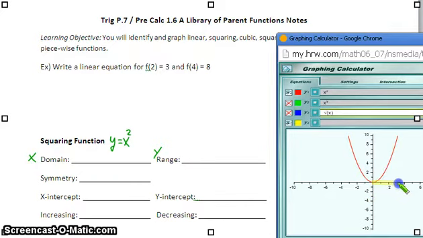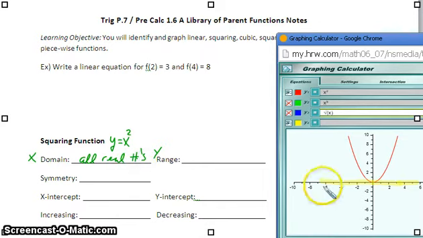And it appears that it stops right maybe around 4, but what I know about this graph is that it is constantly increasing here. So it's going to keep going out and out and out, and I'm only getting a small window of what this graph looks like. So I know that all positive x values will work, and also all negative x values will work. So we would say that the domain of this graph is all real numbers, because all x values work.